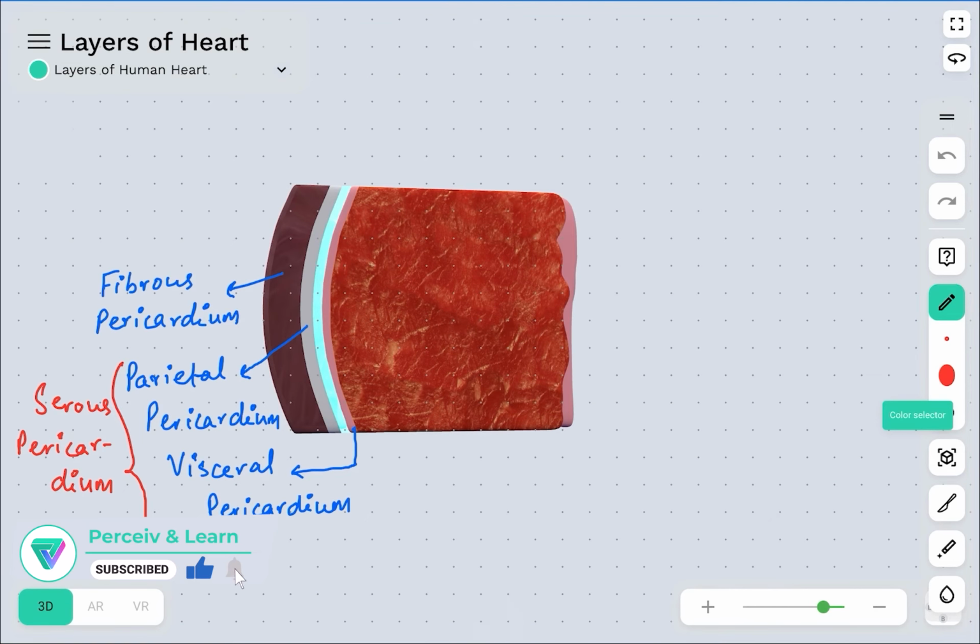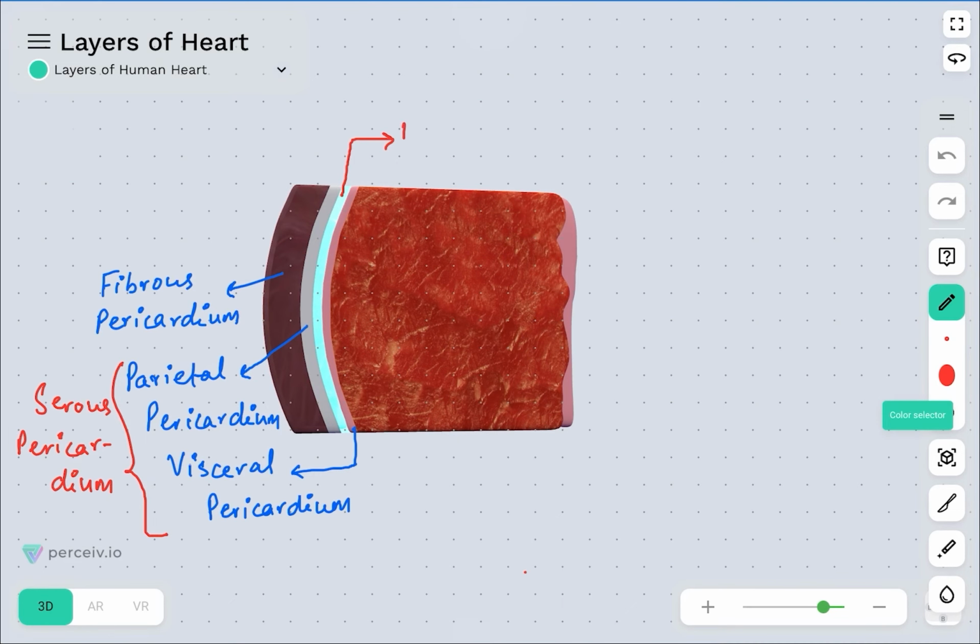All right. Now, one very unique and important feature of these wall layers is that there is a very narrow cavity which is present over here. This is a narrow cavity present between the visceral and the parietal pericardium, and this is called pericardial sac. And this sac is actually filled with pericardial fluid.